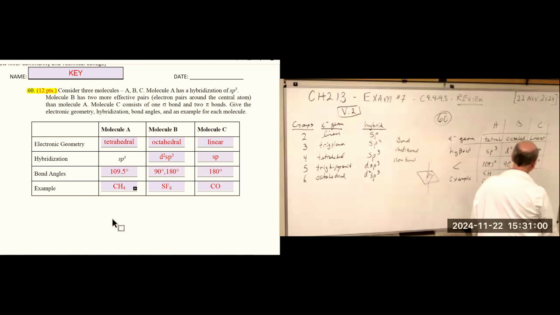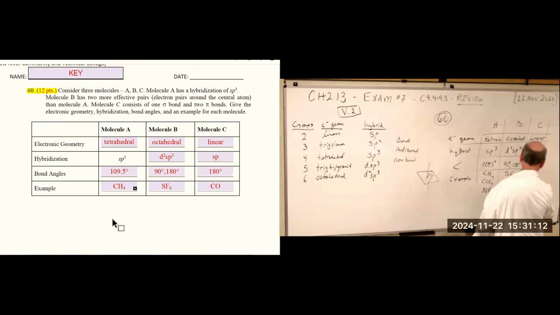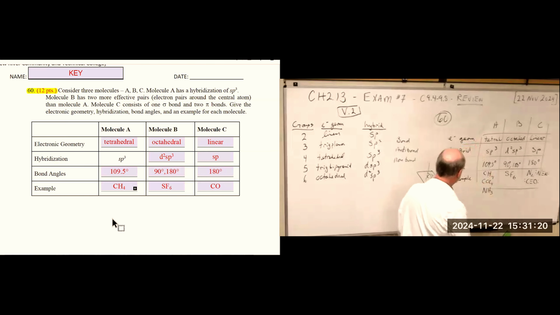And linear. Well, let's see. Nitrogen. That's definitely linear. Another example, carbon monoxide. This would be like that. Okay.